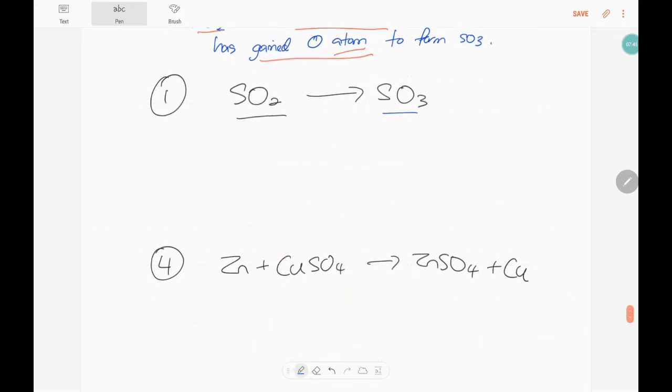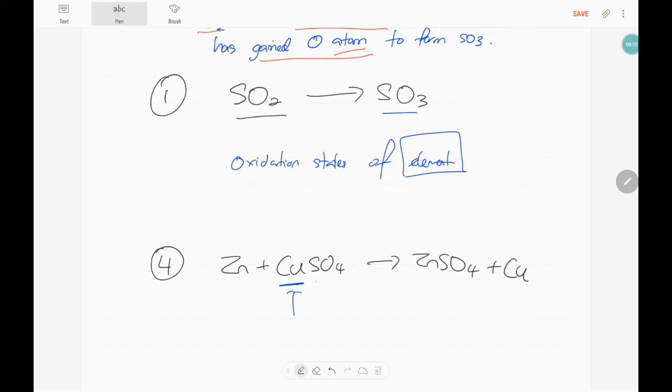So I hope you have attempted to determine the oxidation states. First of all, recall that whenever we talk about oxidation states, we are always referring to oxidation states of an element. It is not correct to say the oxidation state of copper 2 sulfate, no such thing. What we should be saying is the oxidation state of copper in copper 2 sulfate, because oxidation state is always of an element.